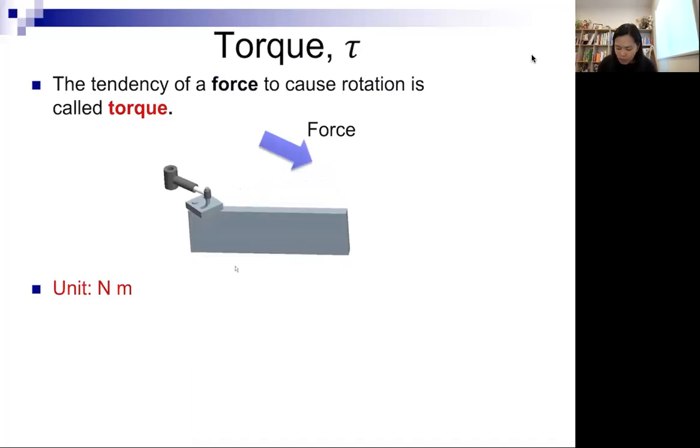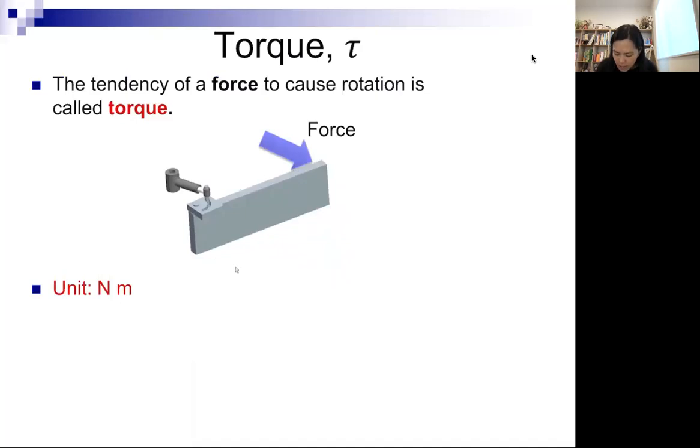So torque is represented by this Greek symbol tau. Okay, so it looks like a fancy letter T. We read this as tau, and that represents the torque or the rotation of the object.